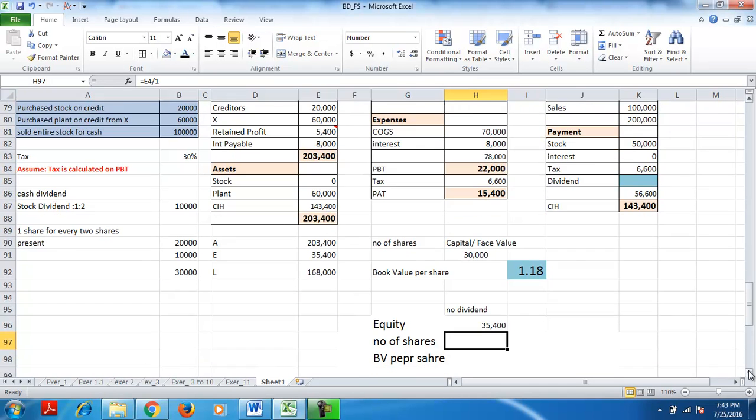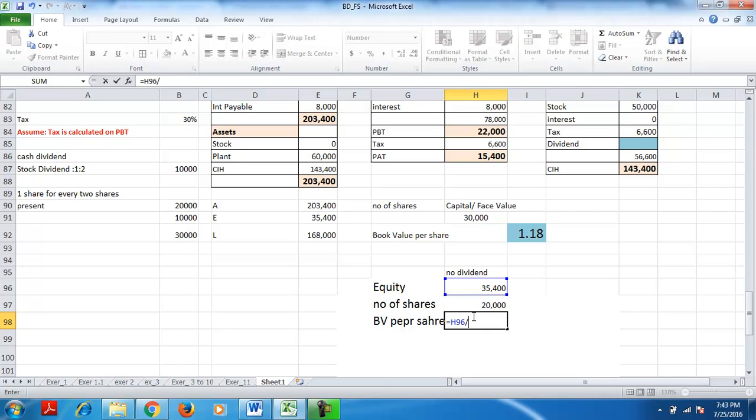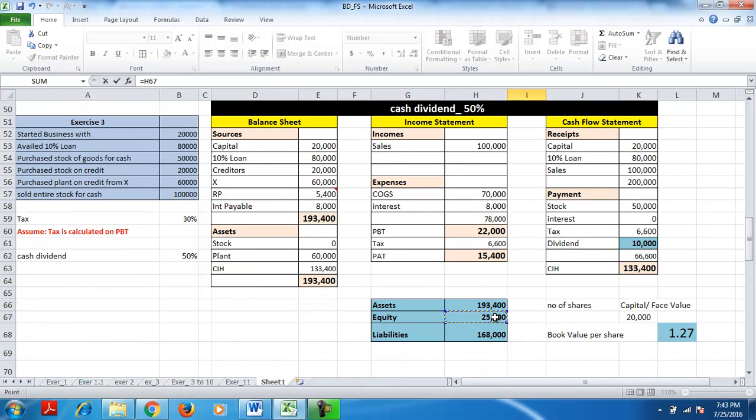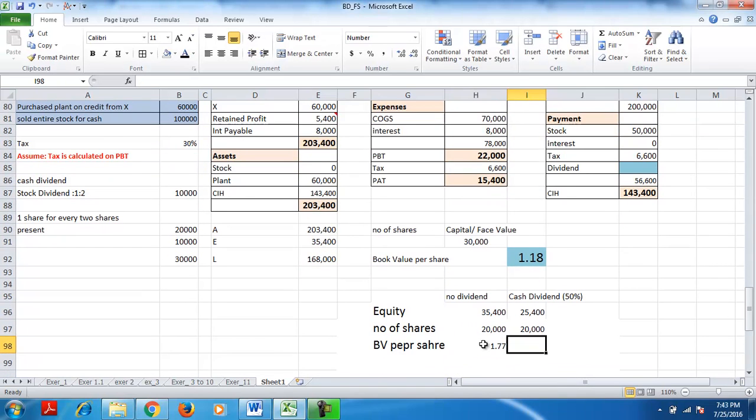So the book value is equal to 1.77. When we are giving cash dividend of 50%, equity has gone down, the number of shares is the same, so the book value per share comes down to 1.27.